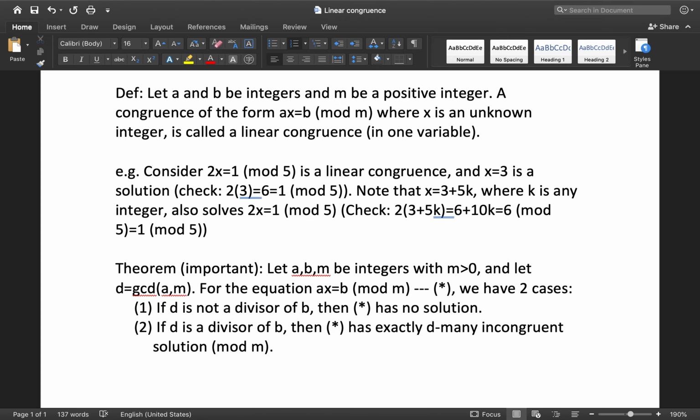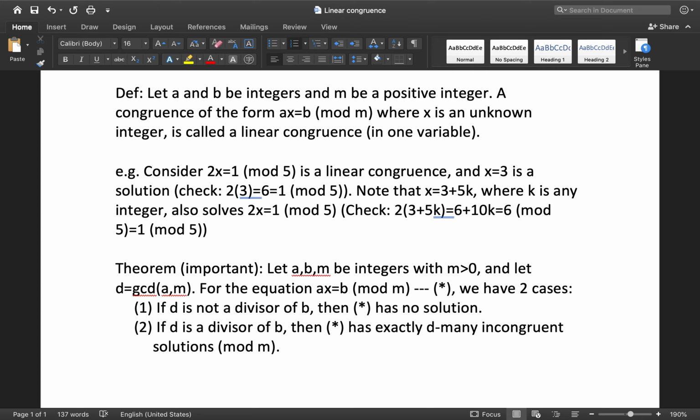Now, actually, you will see it sooner or later, in a minute. Even though I said the solution has exactly d many incongruent solutions, because you're taking congruence, if you're not considering congruence, you should have infinitely many solutions.